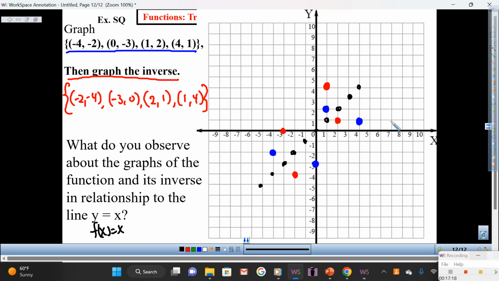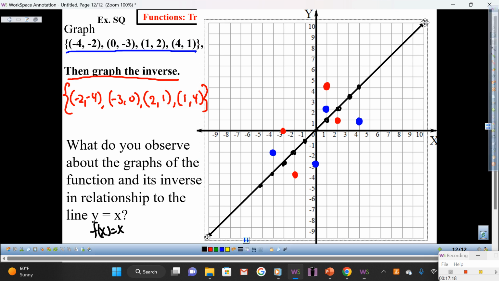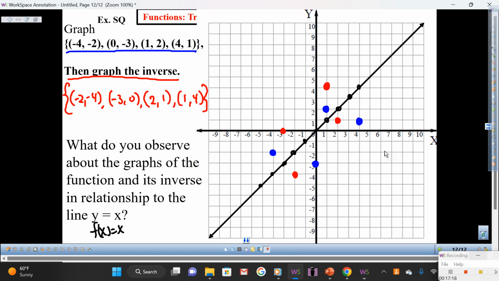That is a straight line. Graph that straight line going through there. There it is. So this is known as y equals x or f of x equals x.